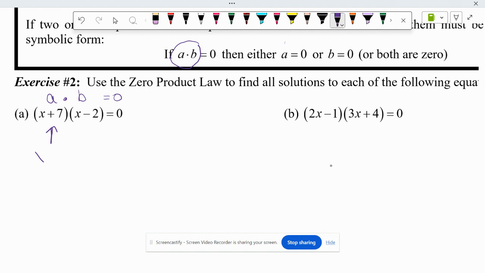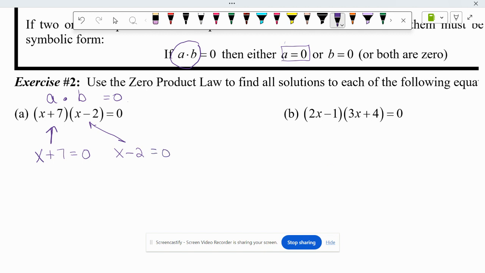If A times B equals 0, then either A equals 0, which means x plus 7 equals 0, or B, which is x minus 2, equals 0, or both?